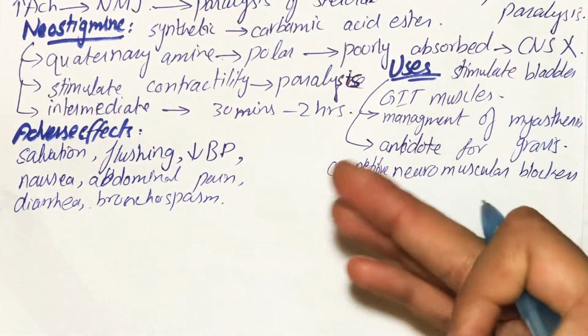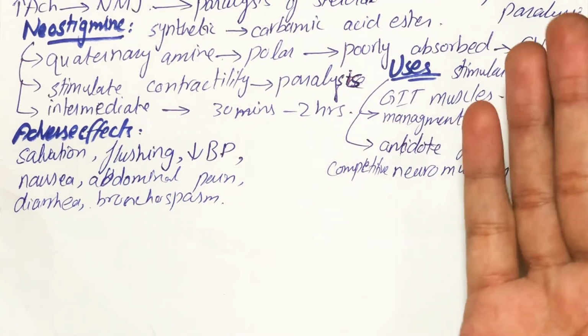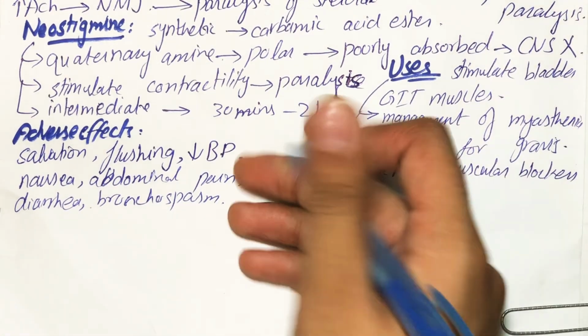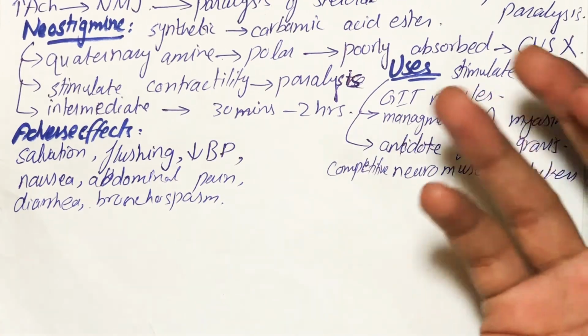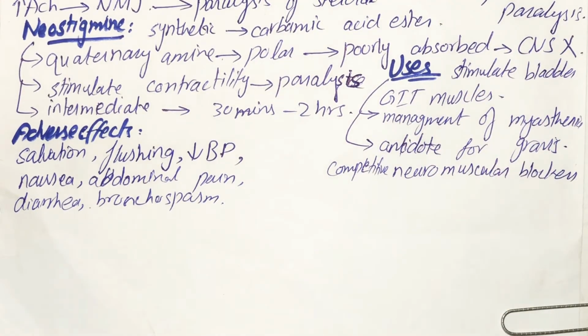As this agent does not cross the CNS, there are no CNS effects, and therefore this agent is also not used to overcome toxicity of centrally acting agents such as atropine, because atropine can go into the CNS and cause an antimuscarinic effect over there, but Neostigmine cannot cross the CNS, therefore it cannot be used to overcome toxicity of agents like atropine, which is a centrally acting agent.